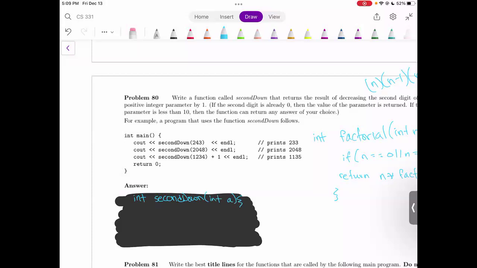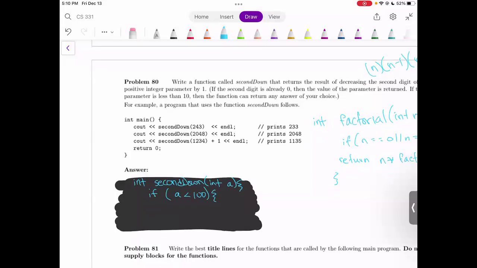And so we say, if, and remember, it said it lowers the second integer down. So we want to check if it's less than 100. If it is, before we subtract 1, we first want to check if it's a single digit number, because it still could be a single digit number.